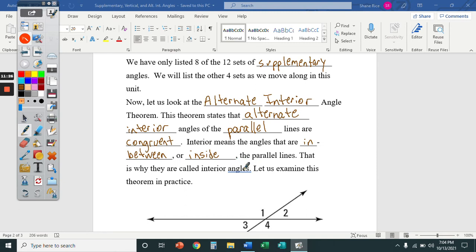Like if you go to paint a room in your house, you go to the store, you buy interior paint, because you're painting the inside of your house. And likewise, if you're painting the outside of your house, you should buy exterior paint because it stands up to weather and everything else a lot better. So interior is inside or in between the parallel lines. That's why they're called interior.